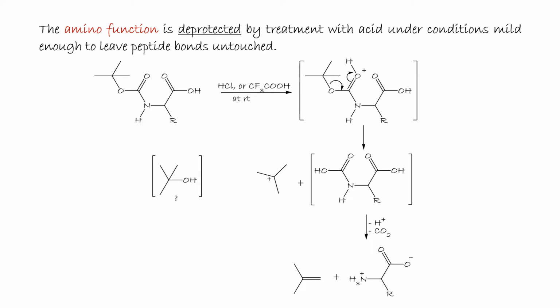In this case, the amino function is deprotected by treatment with acid under conditions mild enough to leave the peptide bond untouched. So we have BOC amino acid; HCl or trifluoroacetic acid at room temperature will protonate this oxygen.